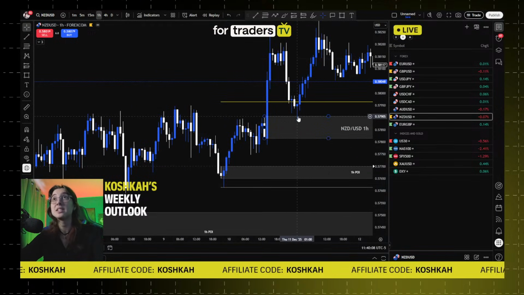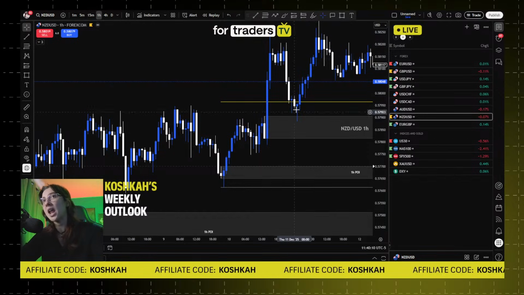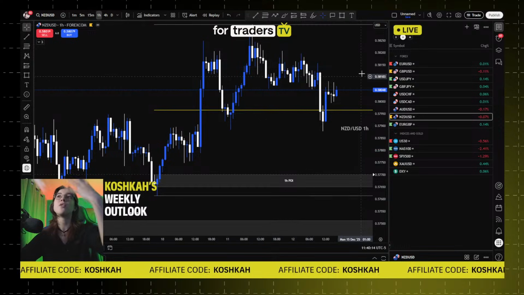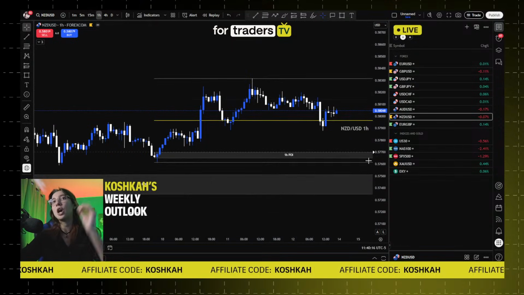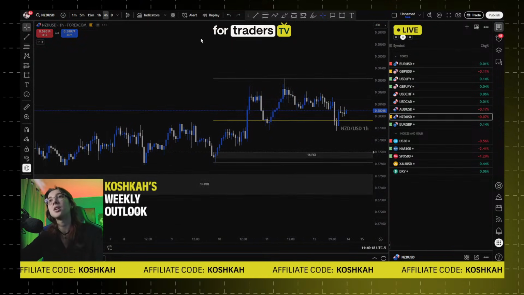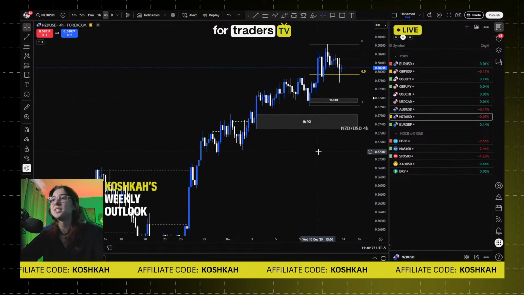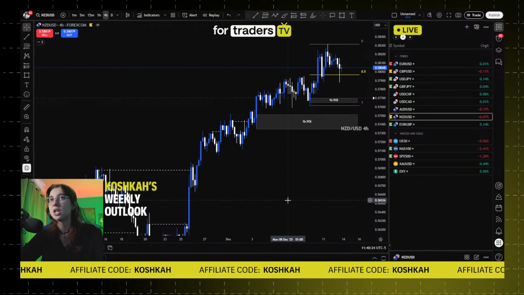So the POI basically already reacted. So a second tap is no longer valid for me. For me, my POIs need to be unmitigated. And the second time that the POI is no longer valid is if it's outside of the current range. So what does that mean?